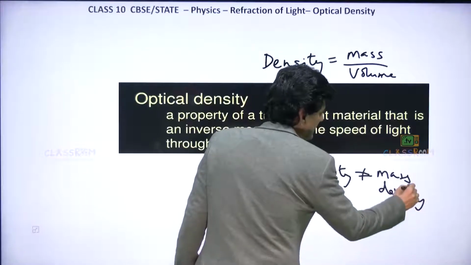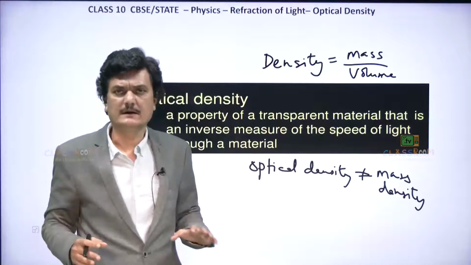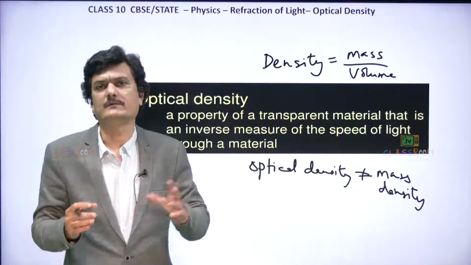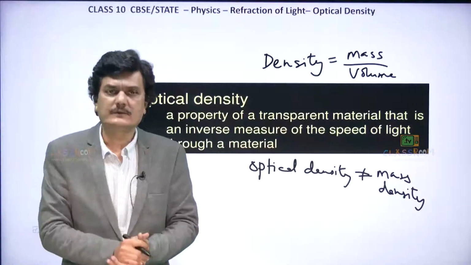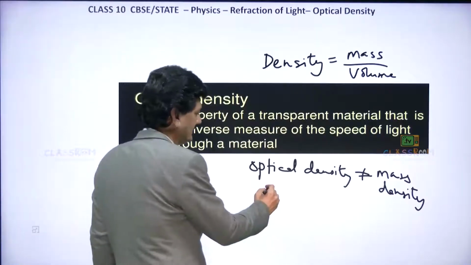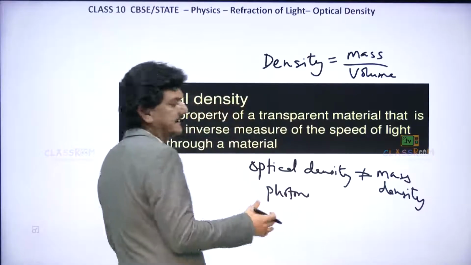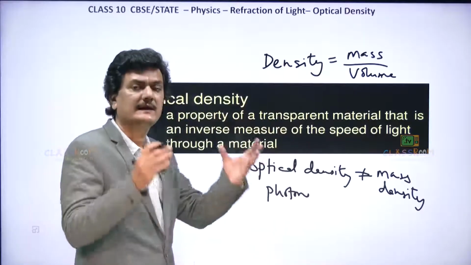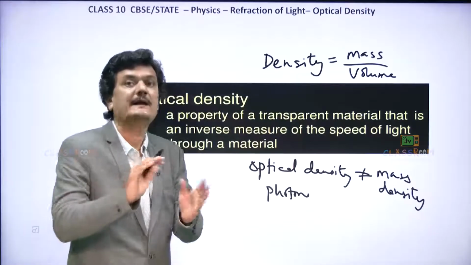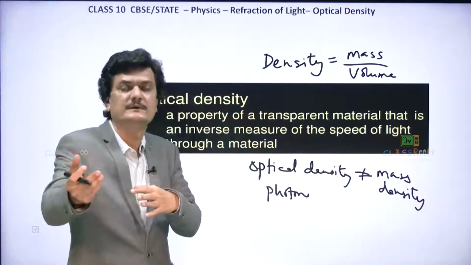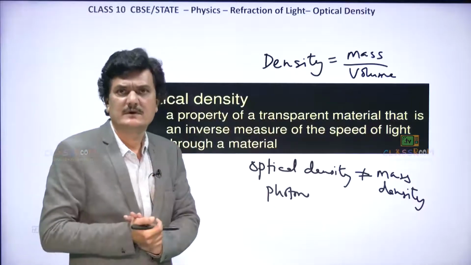It is a particular property which we do not want to discuss in great detail, but what it allows is this: whenever light enters any material medium, light travels in the form of photons. Now, these are all new terms. The energy of the photons is absorbed by the electrons of that material, and then these electrons re-emit that energy, and in this way the transmission of light takes place.